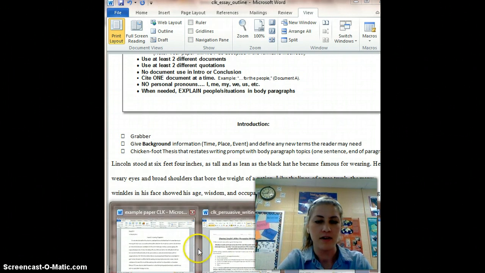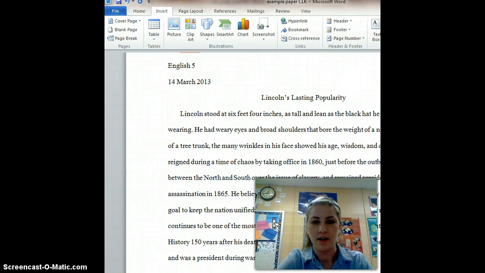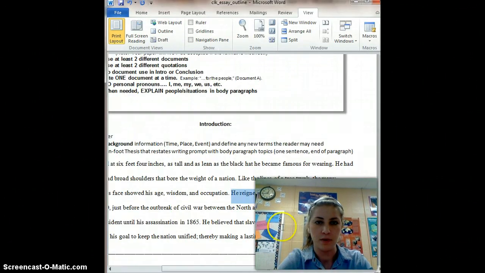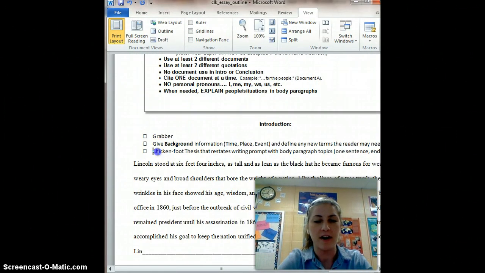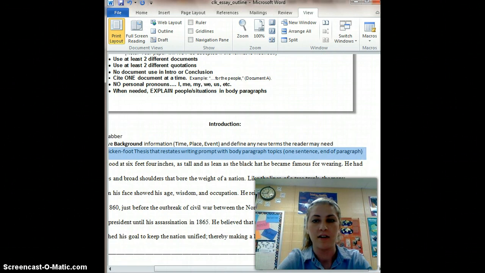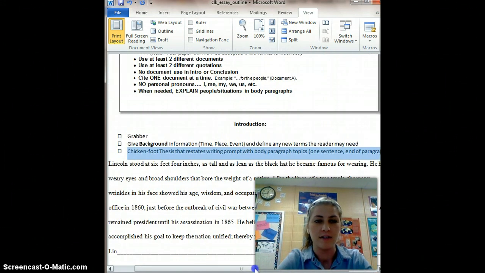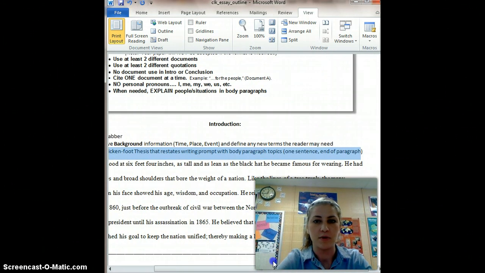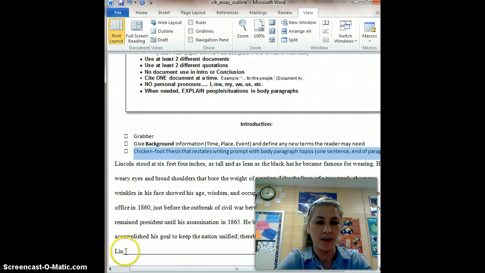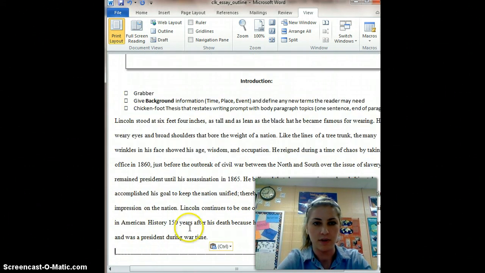And now I am going to do the last part of the outline, which is to add my chicken foot thesis. All right. So it's one sentence and it should be at the end of the paragraph. Copy and paste that.